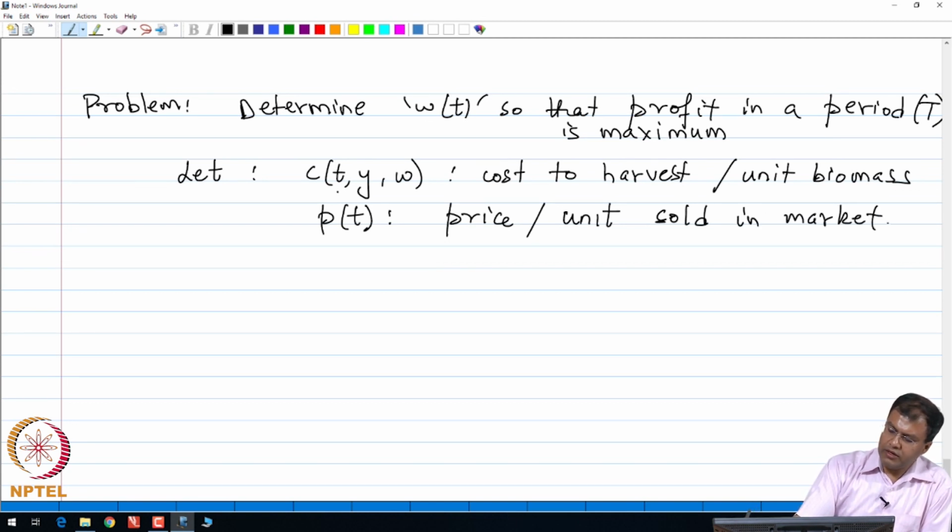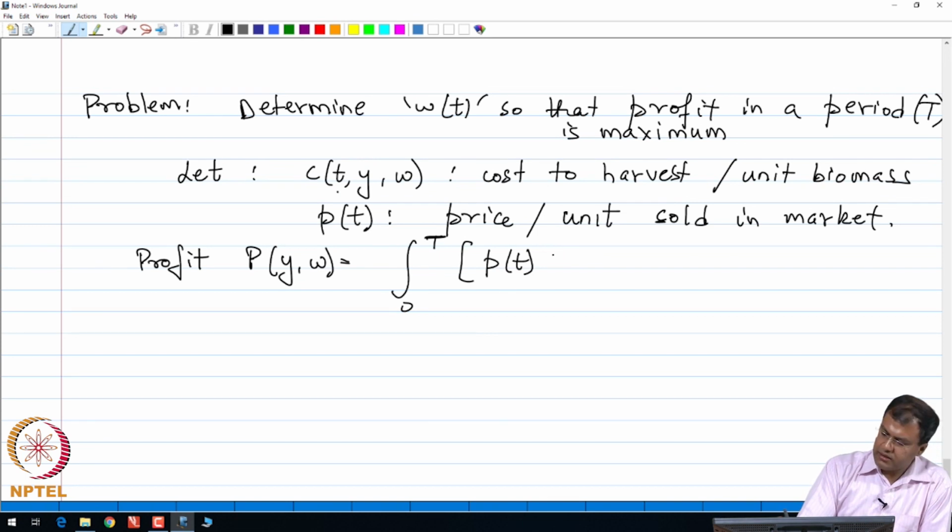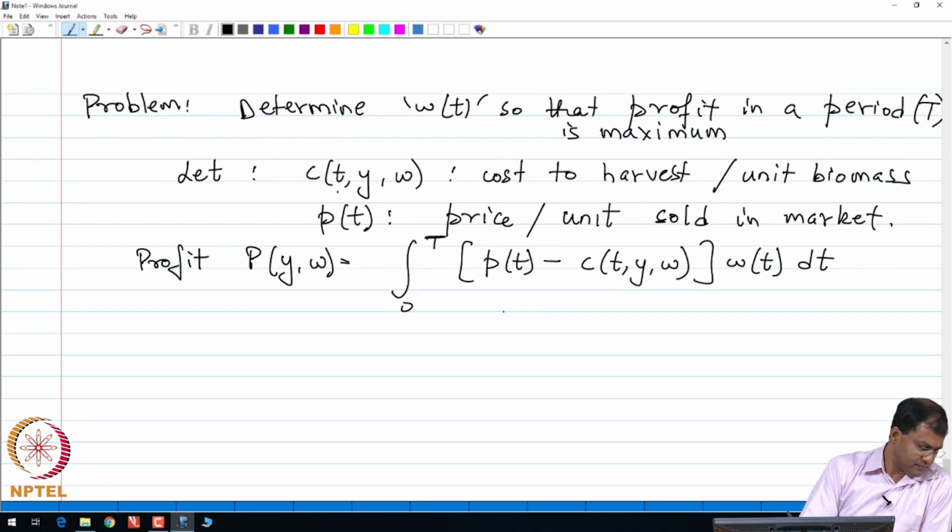Okay. So, which means that my profit functional P of y comma w is the following functional, integral from 0 to t, the total price of the fish minus the cost to harvest that quantity of fish times the harvesting rate of the fish dt, right.